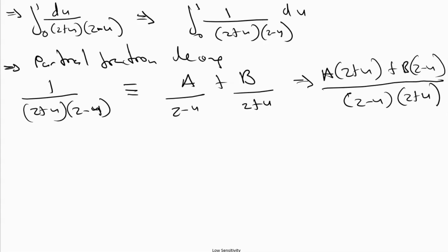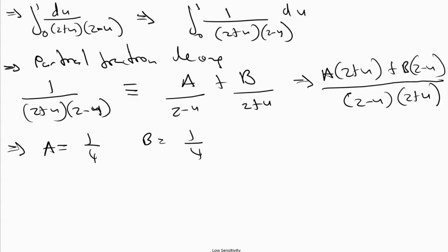We have seen in other tutorials in the past where we solved for this, so you can refer to that tutorial. But when you do, we're going to find a equals 1 over 4 and b equals 1 over 4 as well.